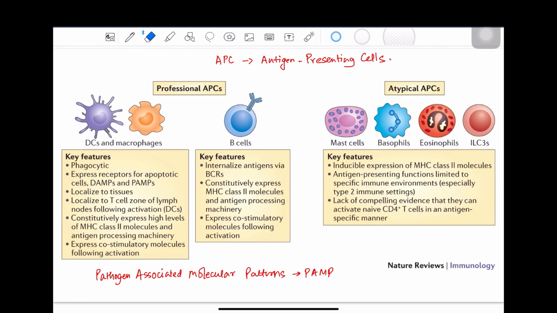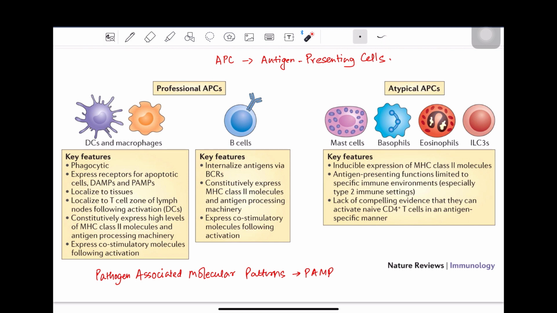Now, these MHC molecules are recognized by the T cell receptors so that they can activate the T cells. The T cells can be activated by recognizing these MHC bound antigen particles. And they also express co-stimulatory molecules for activation of the T cells.